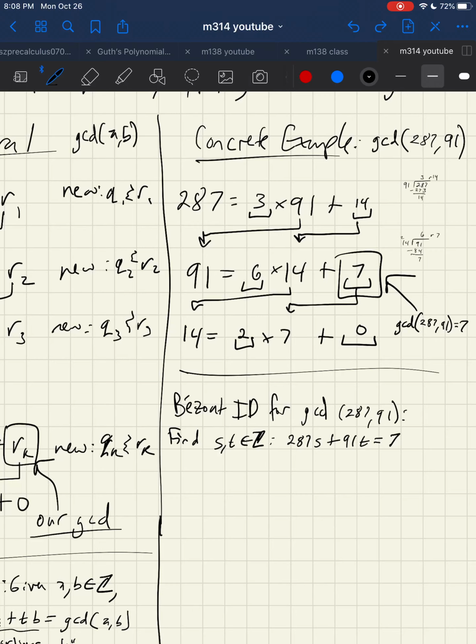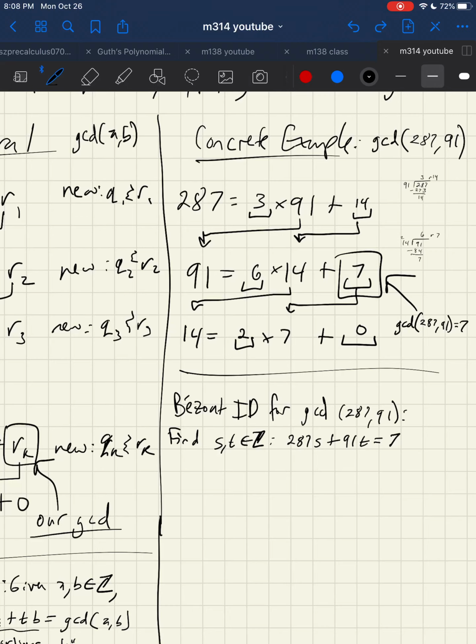Now, I'm typically going to give you natural numbers for a and b, which means typically one of these coefficients is going to be positive and one negative.